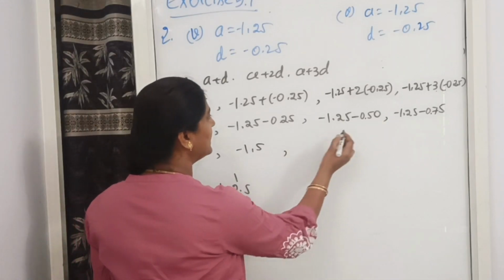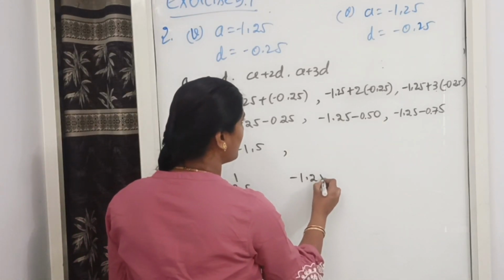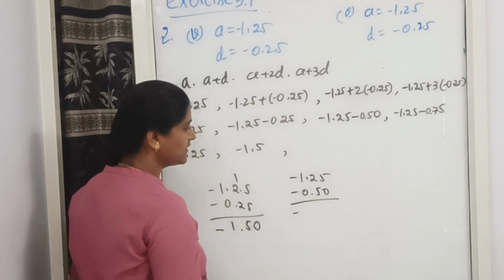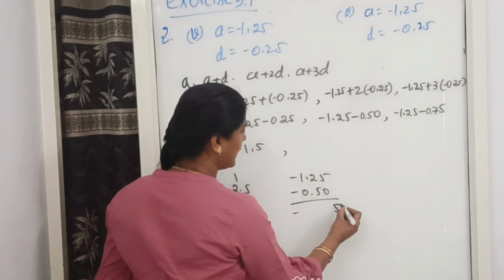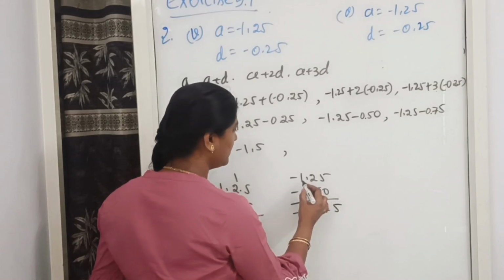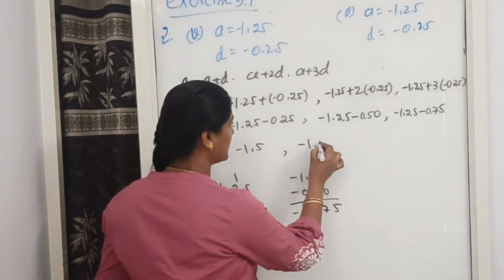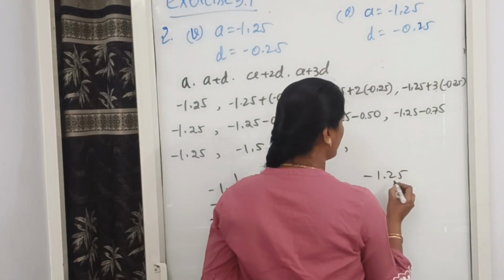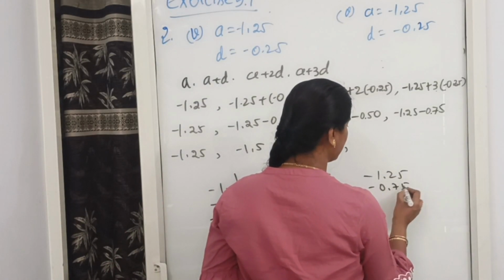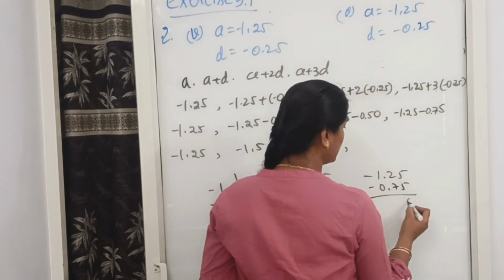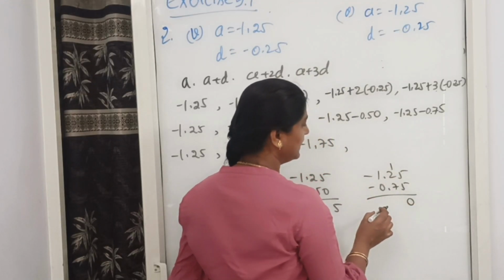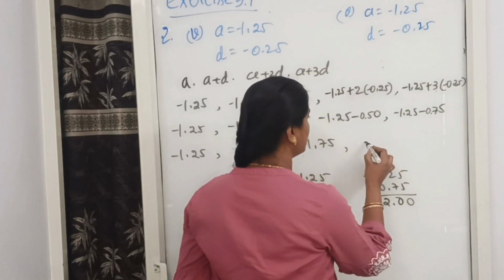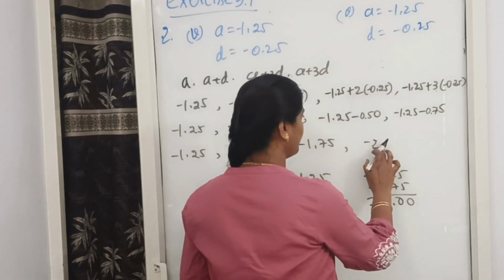The next one is minus 1.25 minus 0.50. Keep the negative sign: 5 plus 0 is 5, 2 plus 5 is 7, 1 plus 0 is 1, so minus 1.75. Then minus 1.25 minus 0.75: 5 plus 5 is 10, carry 1, and the rest also adds to 10. So the answer is only minus 2.